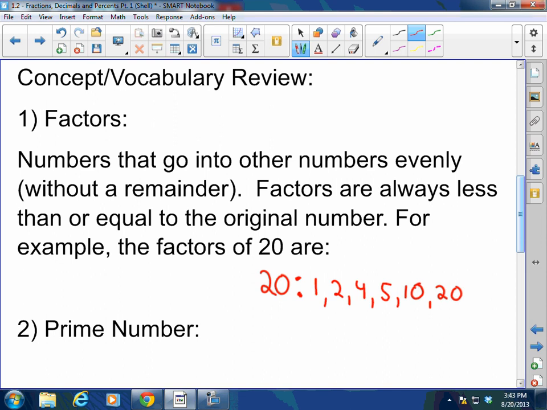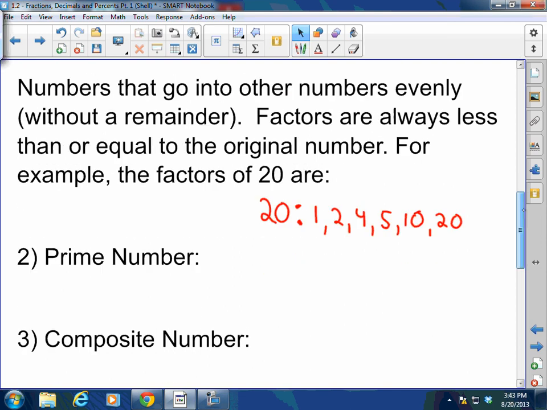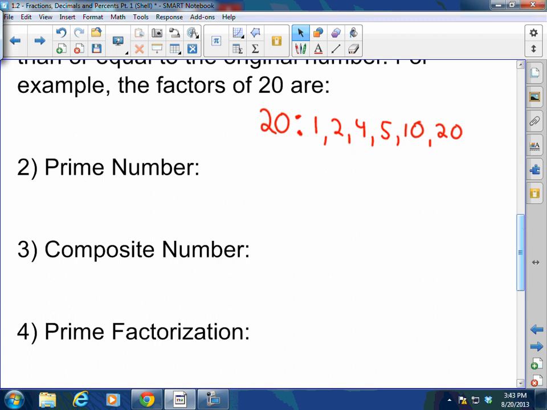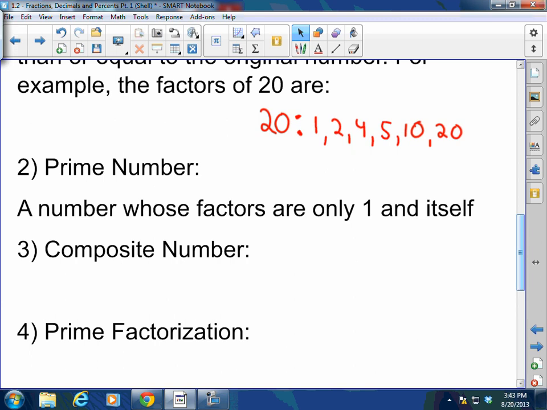Factors have a finite number to them. There's only a certain number of factors. They're not infinite. Talking about factors, a prime number is a number whose factors are only 1 and itself. Believe it or not, 0 is not a prime, and the number 1 is not a prime, because 1 is itself.